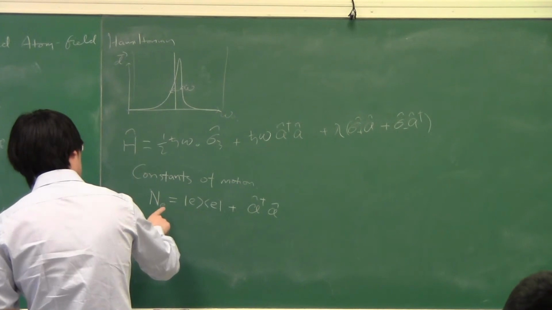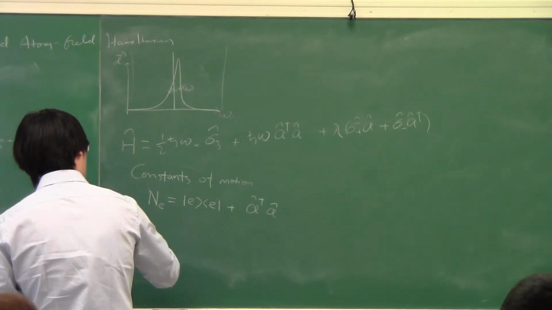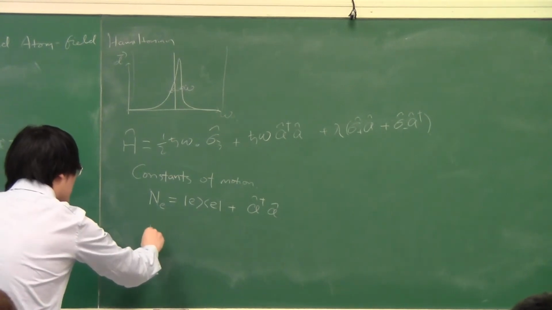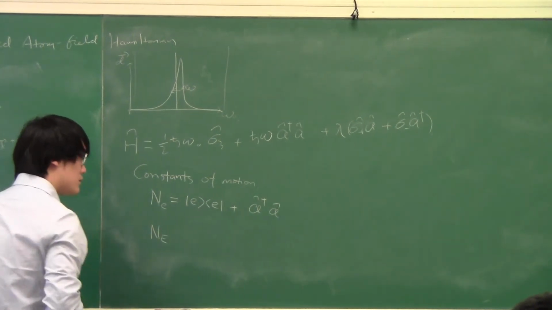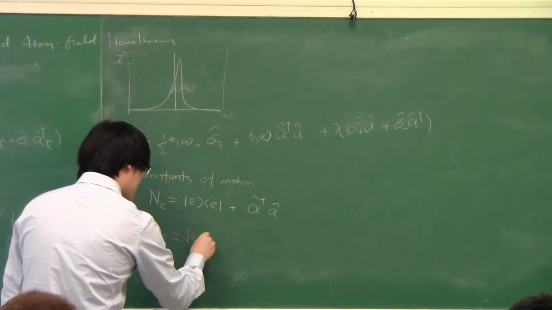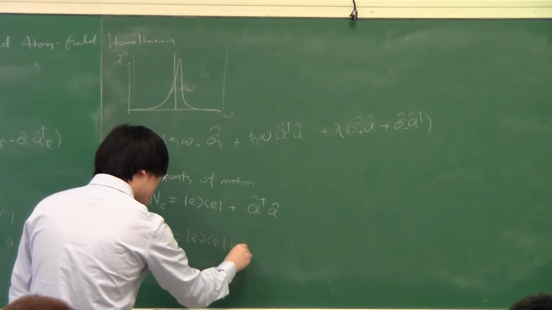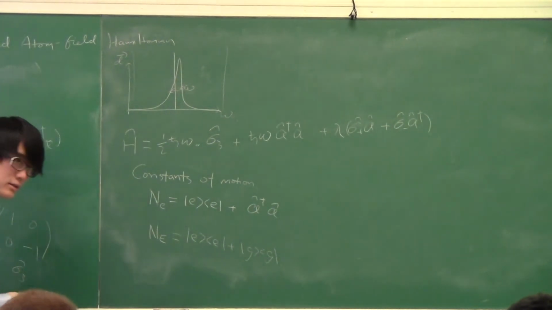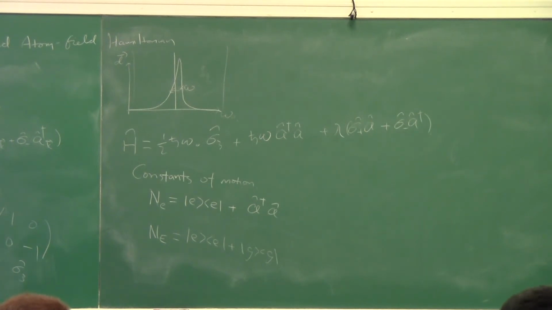This is the number of excitations. I'm going to write the number of electrons. Okay. And this is for the atom. So these two are the constants of motion here.